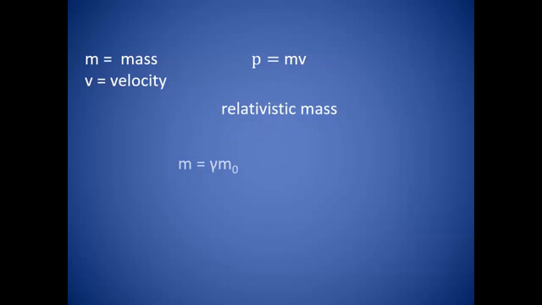To do this, he came up with a hypothesis that said the mass of an object must depend on its speed. So an object at rest has some mass, m sub 0, which is sometimes referred to as the rest mass. And if that object begins to move at relativistic velocities, then it will have an inertia that is equal to its relativistic mass. This relativistic mass is simply the rest mass times the Lorentz factor.